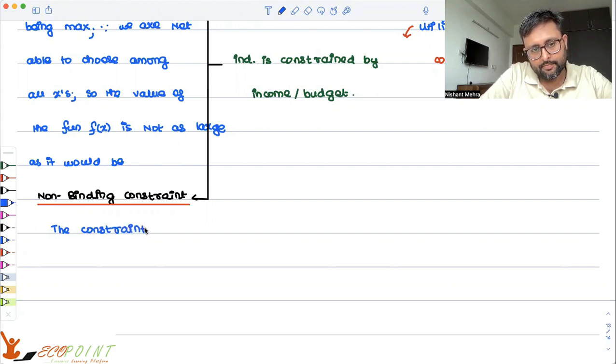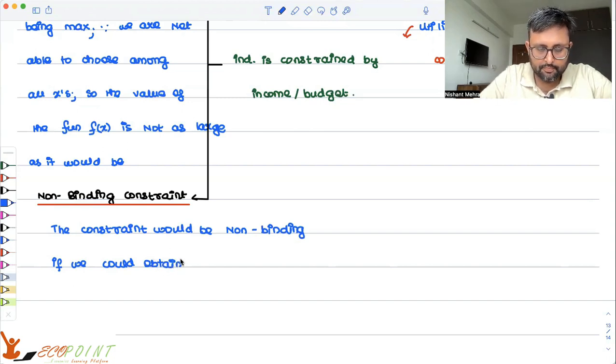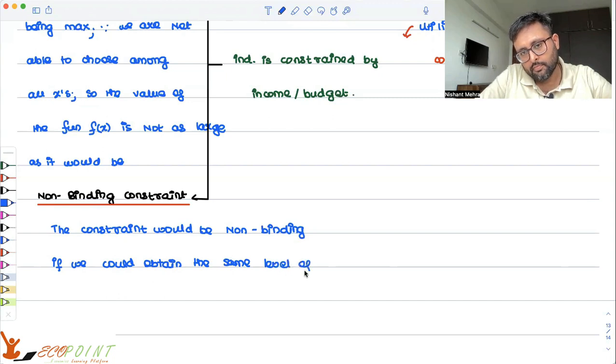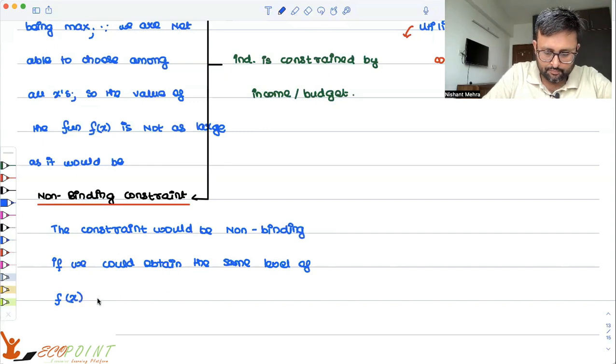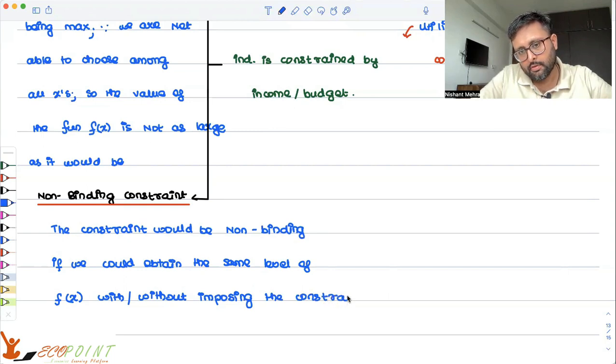The constraint would be non-binding if we could obtain the same level of effects with or without imposing the constraint, right?